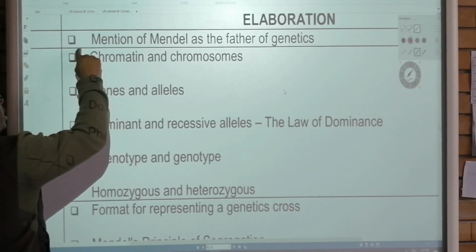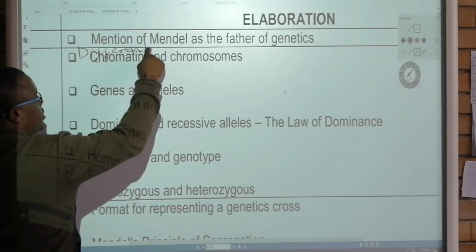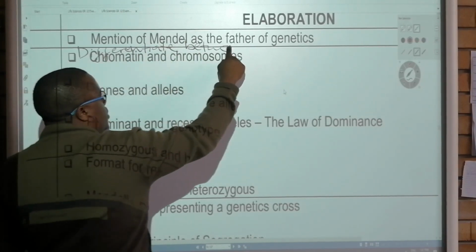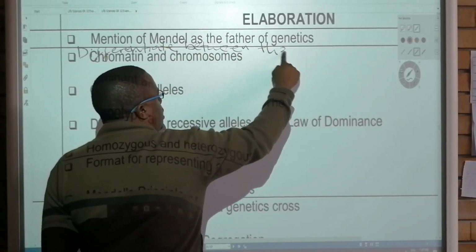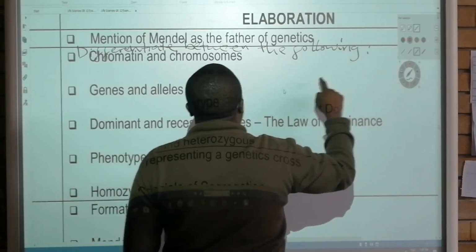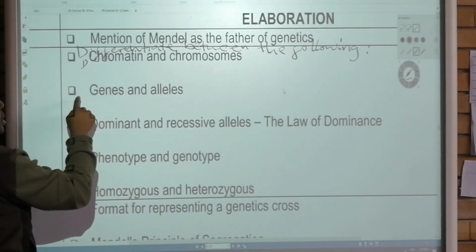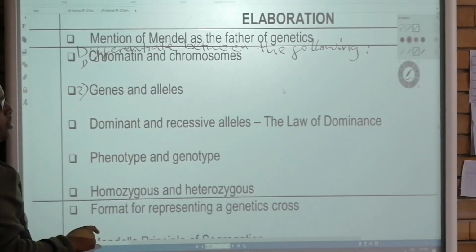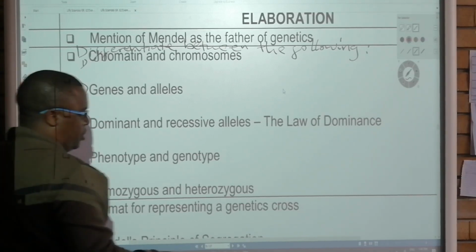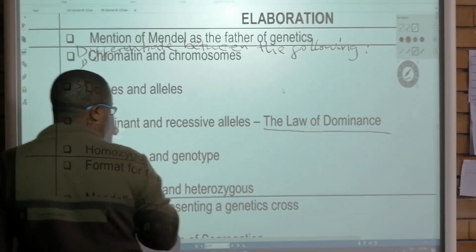You take your exam guidelines and write: differentiate between the following, so that you have 1, chromatin and chromosomes, 2, genes and alleles, 3, dominant and recessive alleles, and also, of course, stating the law of Mendel, Mendel's law of dominance.